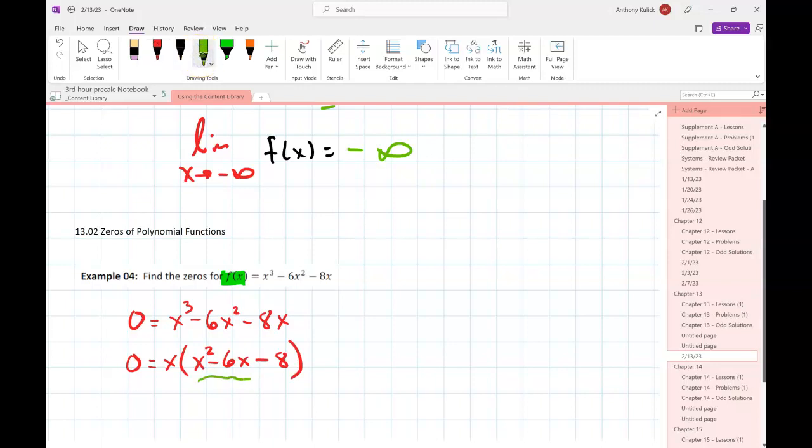Now, if we look at this, that should be something you recognize. That's a quadratic. But there's a typo here. Yeah, this should be +8. Excuse me. Yep, good.